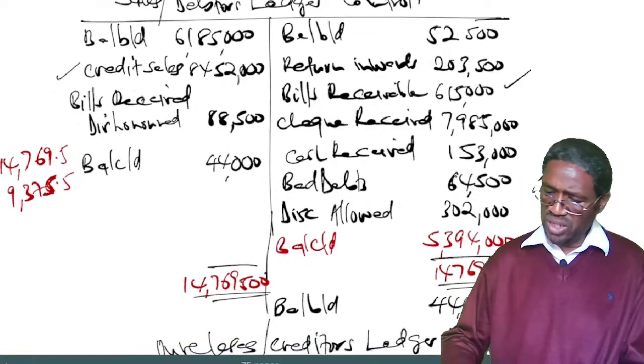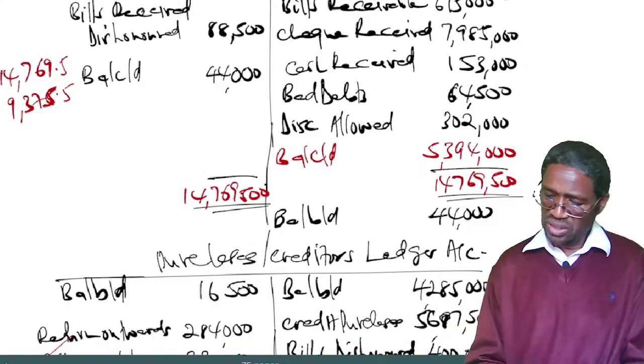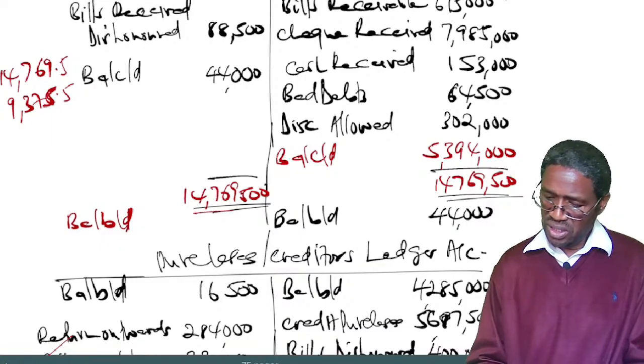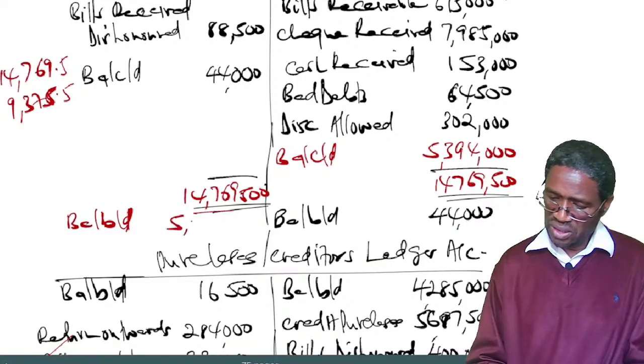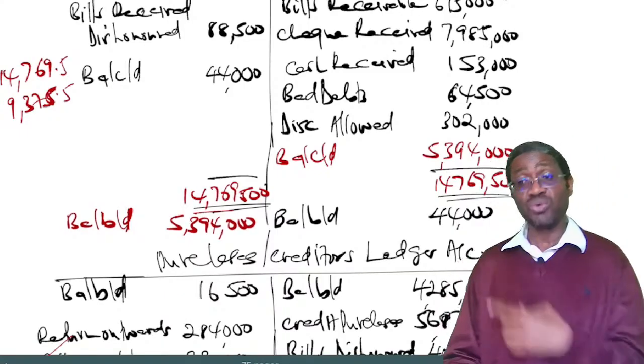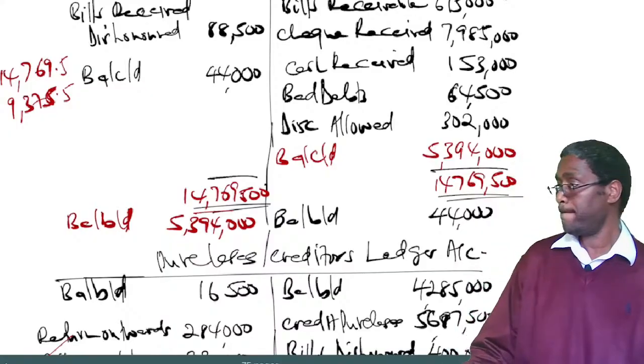Then you bring down the balance now. So come and see your balance brought down. We have carried it down. Now we bring it down. Looks like 5,394,000. Good. So we are through with the debtors ledger.